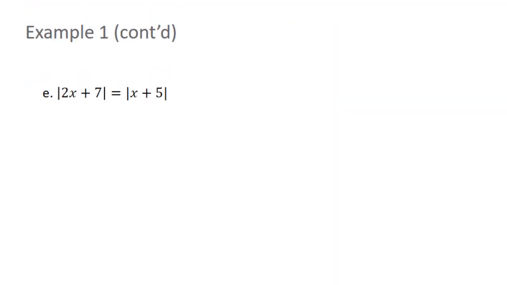So here's an example. I have the absolute value of 2x plus 7 is equal to the absolute value of x plus 5. So for this statement to be true, it must be that 2x plus 7 is equal to x plus 5, or 2x plus 7 is equal to the opposite of x plus 5.